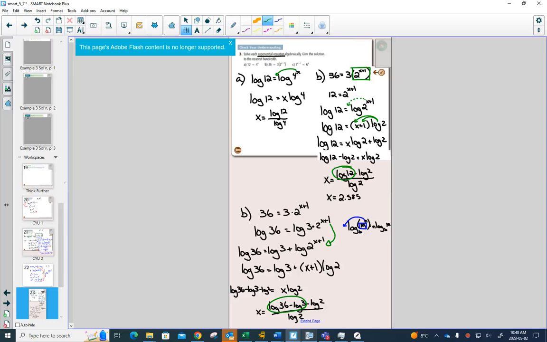You can only bring a power out in front with a log law if that power is to the entire thing inside the log. So when we do it from this step to this step, that x plus 1 is the power to the 2, and the 2 is the only thing inside that log. But initially, the x plus 1 is only the power to the 2, not the power to the 3. So you're not allowed to use that log law at that point.